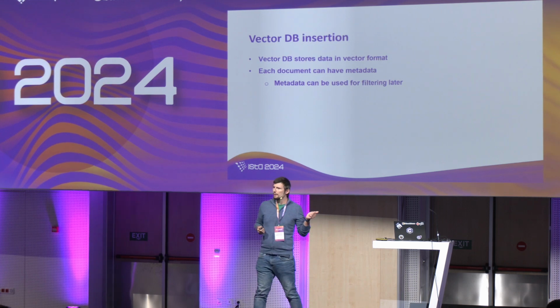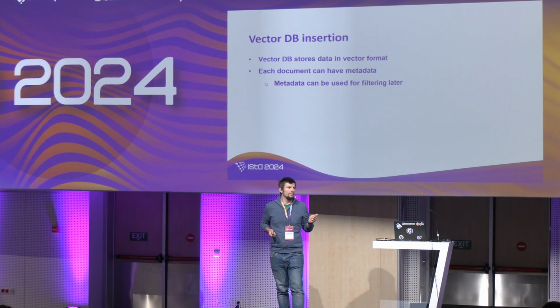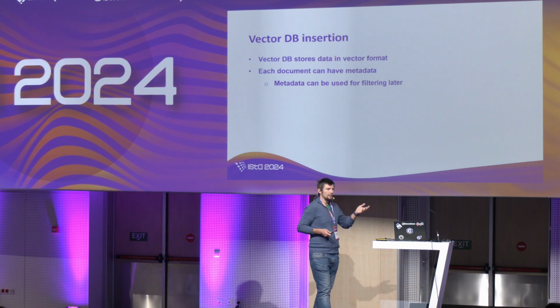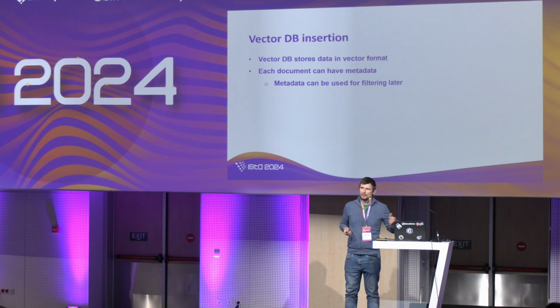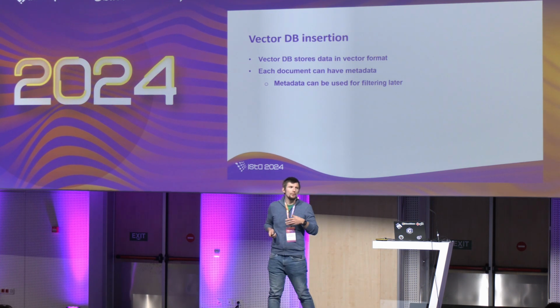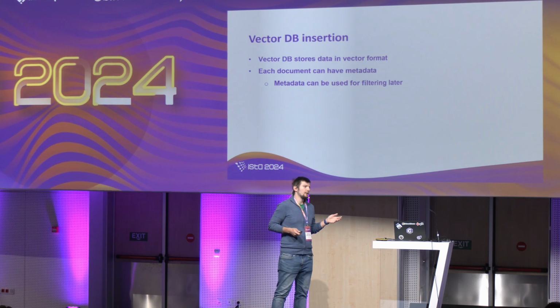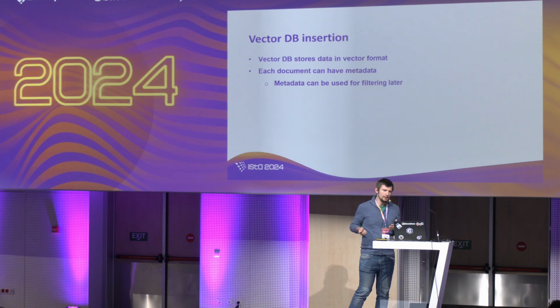With the example that I gave earlier, we had JSON with all of the lectures, but we also have additional metadata for the track of the conference. So at some point we would want to filter all of the lectures in a certain track and then filter by relevancy later on.